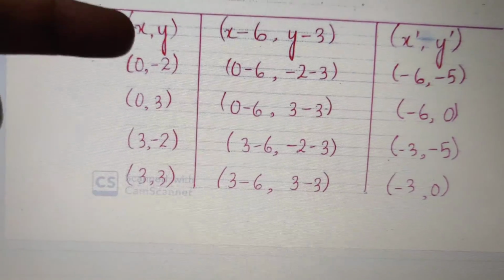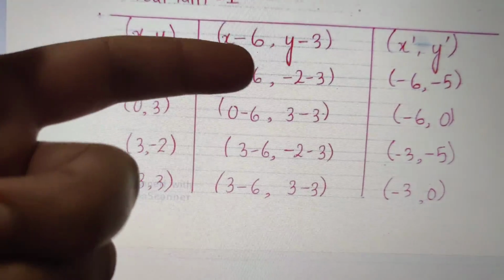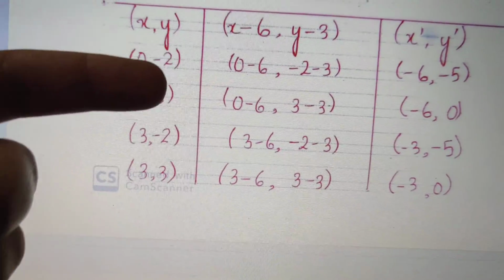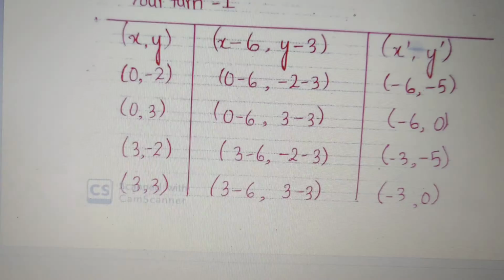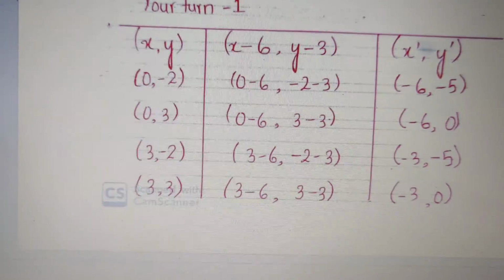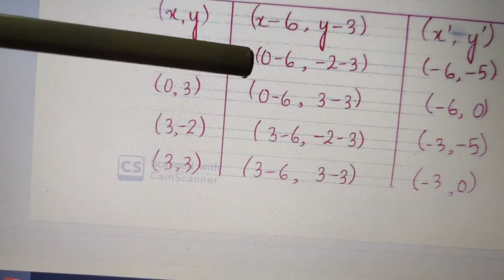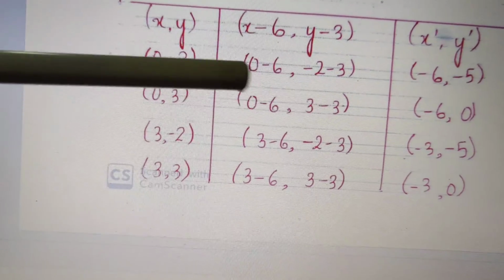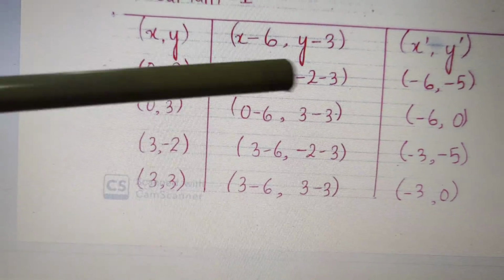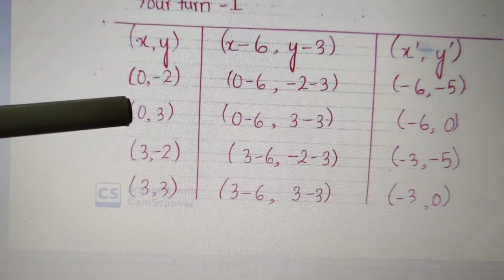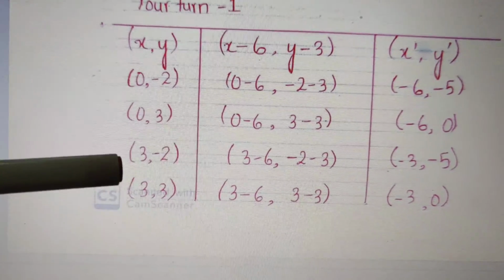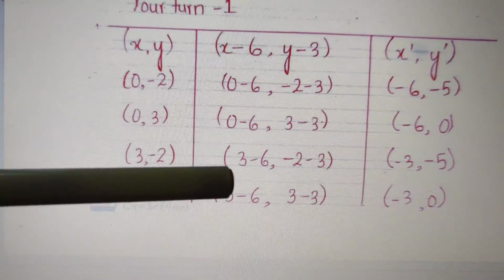So all the x coordinates we will subtract by 6 and all the y coordinates we will subtract by 3. So we will write those numbers here: 0 minus 6, then the y coordinate -2 minus 3, and so on, 3 minus 6 here.